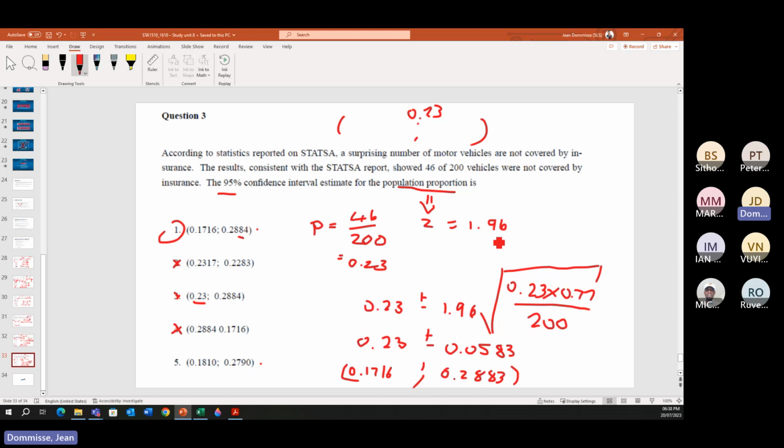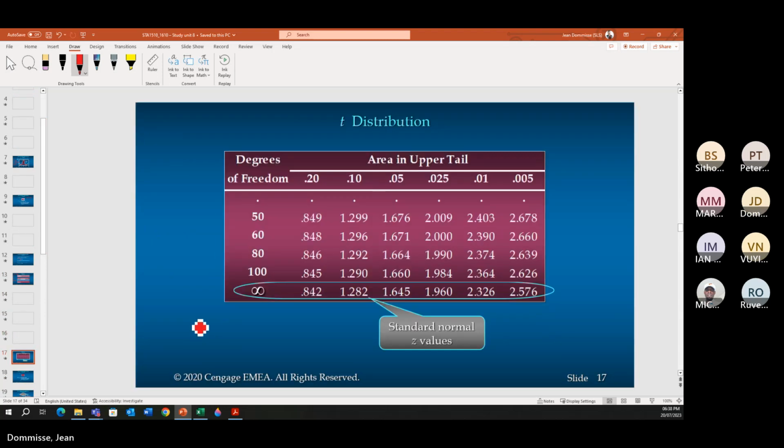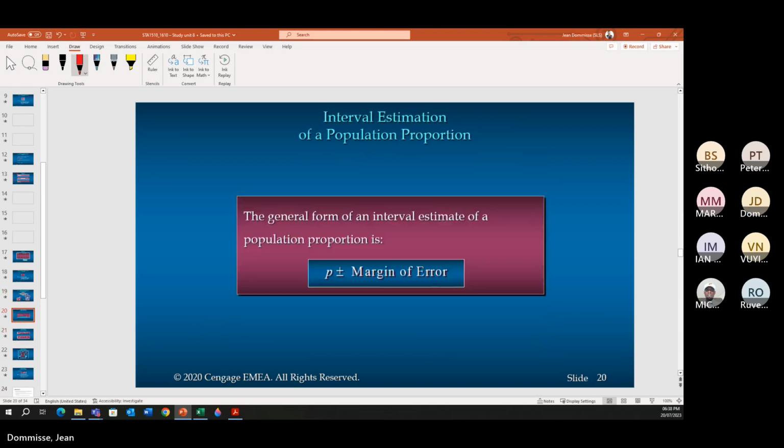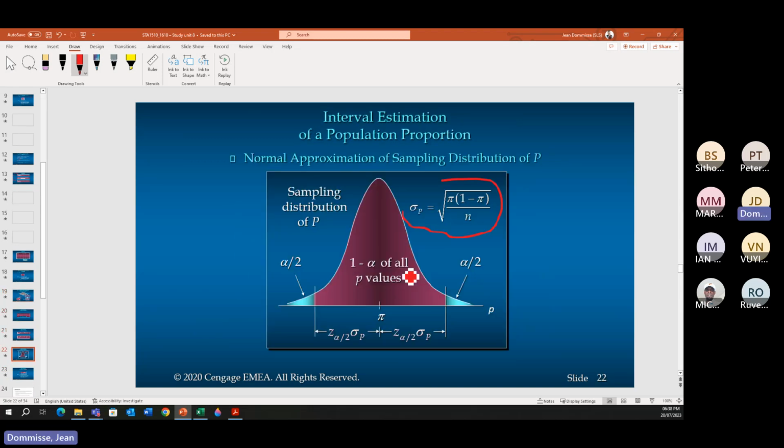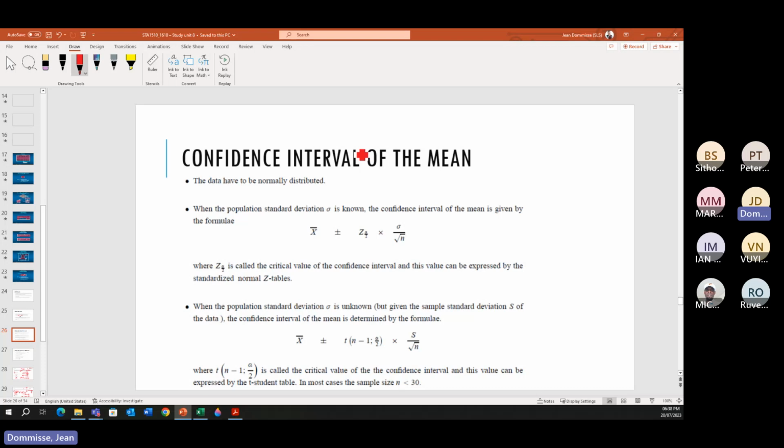What they can do, and I think that is also just important, they can ask you, like we had in study unit 7, where they ask you to work out a standard error. Here they can ask you to work out that standard error or that margin of error, which is every time just, so if it is with an interval of a mean, that is your margin of error.